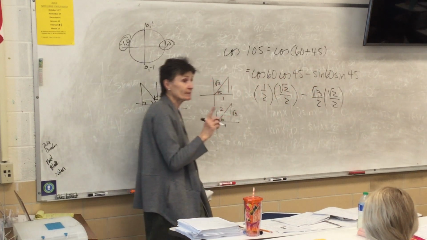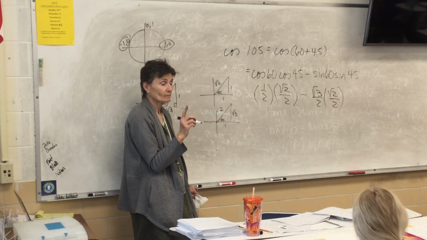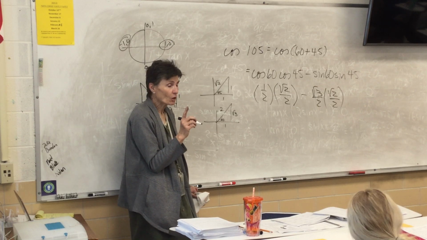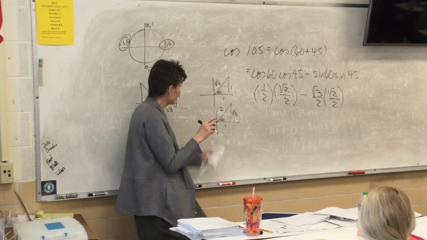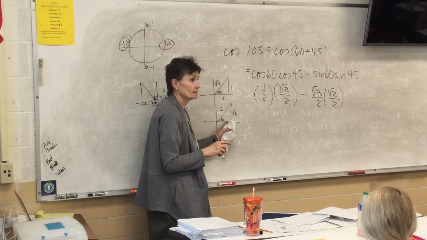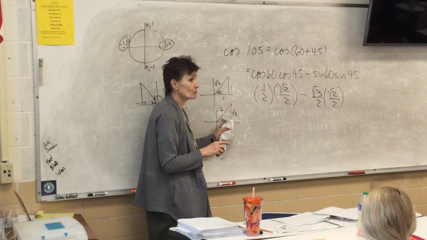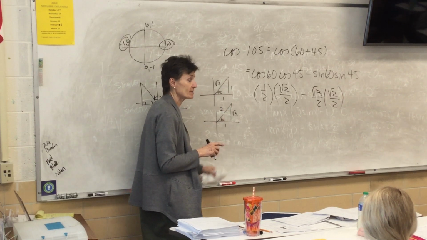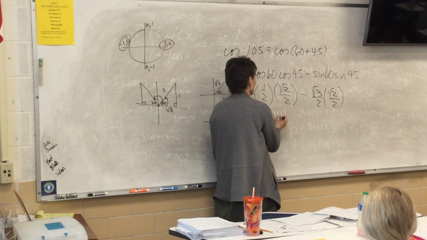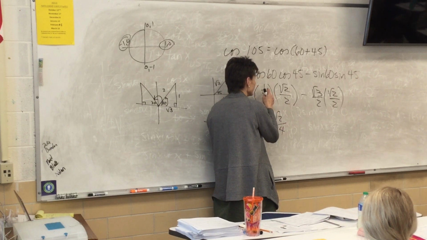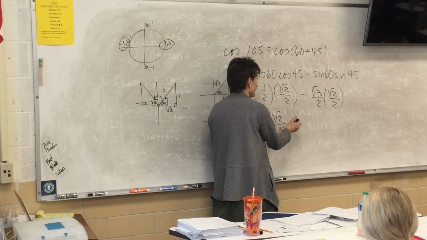Now, some of you got these numbers mixed up. Some of you put negatives on them. And that I don't understand at all. Aren't both of these in quadrant 1? If you use 60 and 45, there are no negatives in there anywhere. All right, now when I multiply these, I get root 2 over 4, top times top, bottom times bottom.